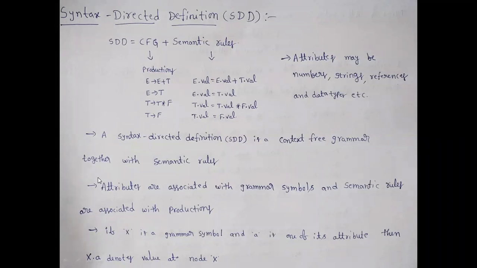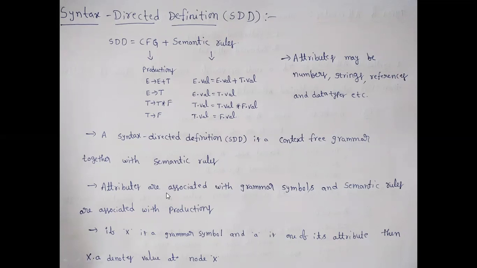This is the first point, and the second point is attributes. What are attributes here? In the semantic rules, we have some attributes. So dot VAL is known as an attribute. These attributes are associated with grammar symbols. What are the grammar symbols here? Capital E is a grammar symbol, capital T is a grammar symbol, and capital F is a grammar symbol.